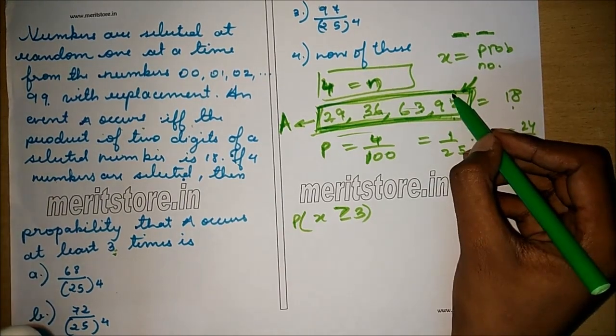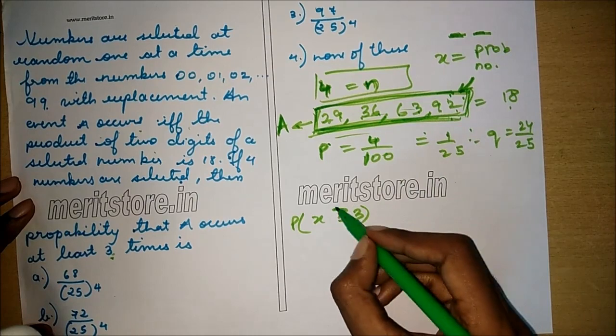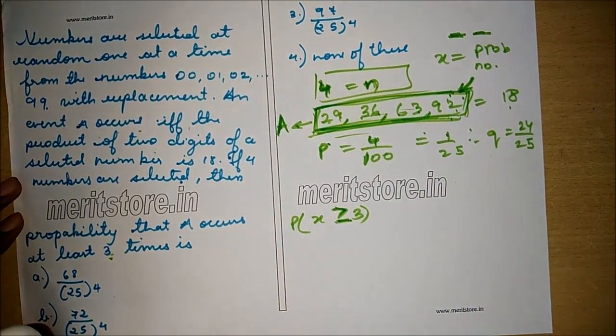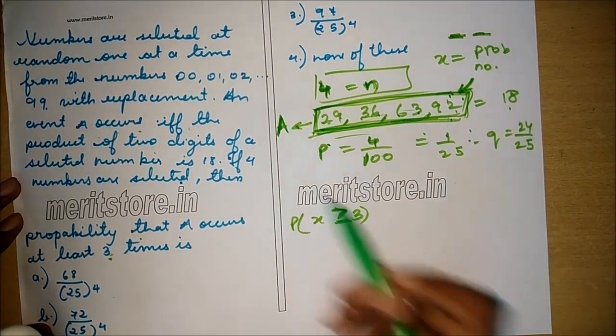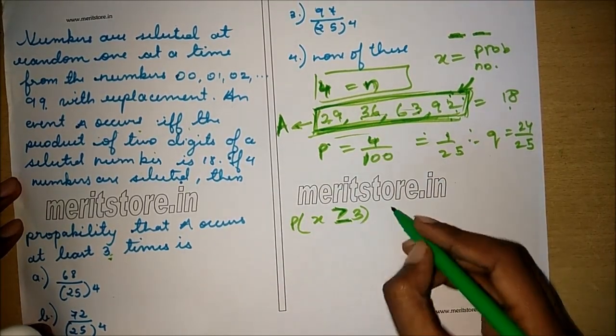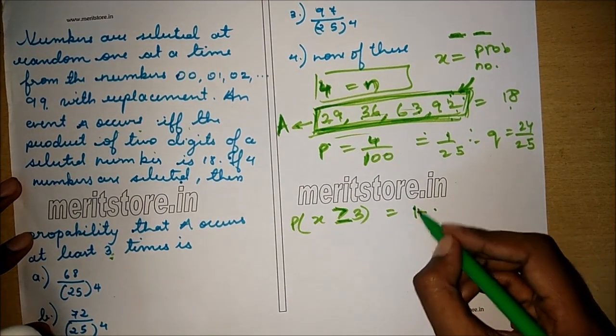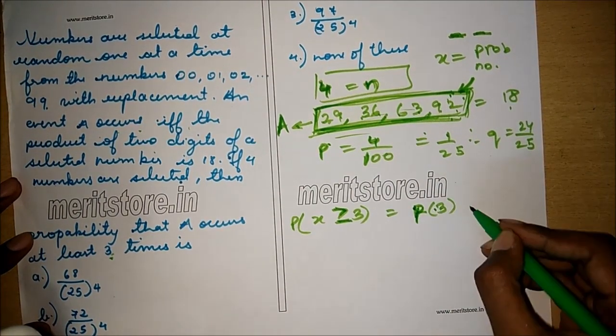So when a number is selected from this range, A will occur, and if this happens at least thrice, then event A will occur at least thrice. So P of X greater than or equal to 3 will be P of 3 plus P of 4.